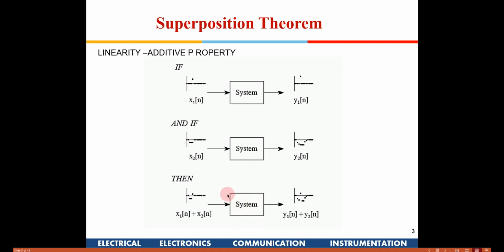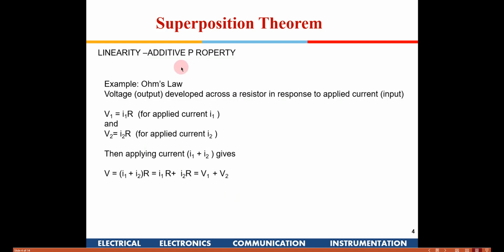Let's take an example. Suppose a current I1 is flowing through a resistor R, then the voltage developed across that resistance will be V1. Again, I am pumping in current I2 into that resistor, and it will generate a voltage V2.